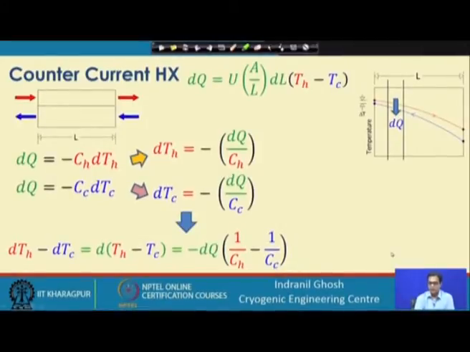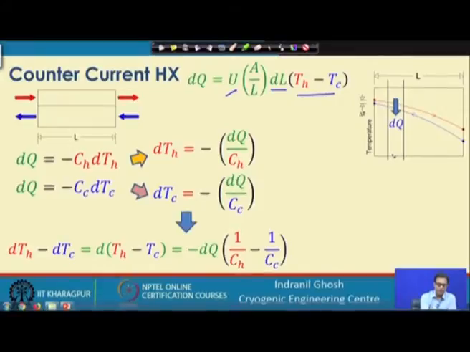Now, in this case, the overall heat transfer from the hot fluid to the cold fluid can be related to the overall heat transfer coefficient U, and if we assume that the area is distributed uniformly over the entire length, then dq equals U A by L multiplied by dl and Th minus Tc, where Th is the hot side temperature and Tc is the cold side temperature at that point in that small elemental length dl.